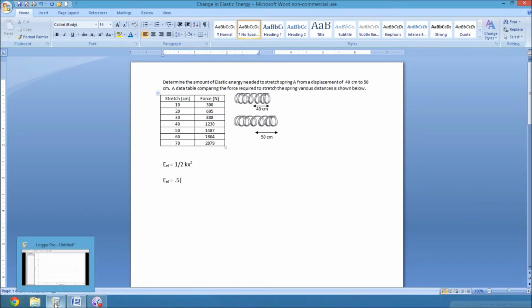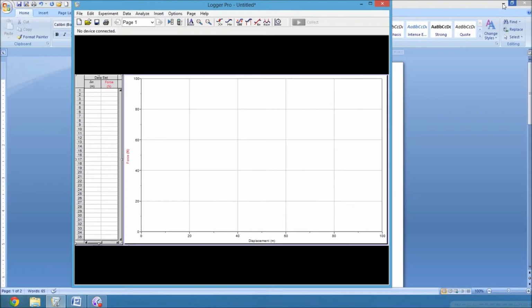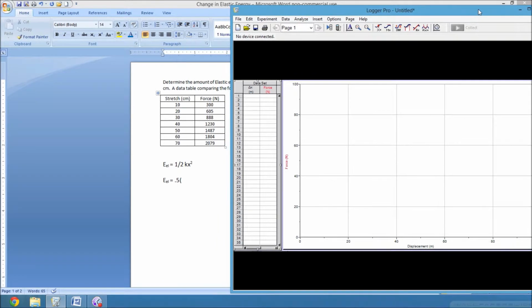So let's find the slope of the line. Let's see here. 0.1, 0.2, and so on, because we're doing meters and not centimeters. So 0.5, 0.7. And now let's enter how much force.